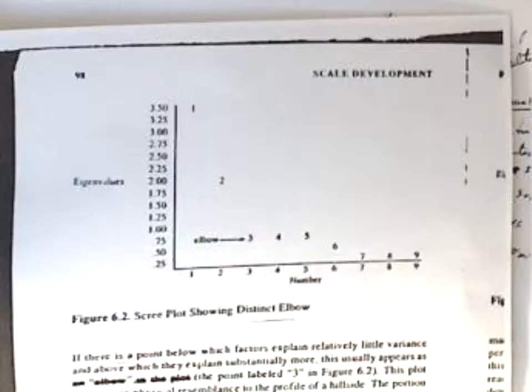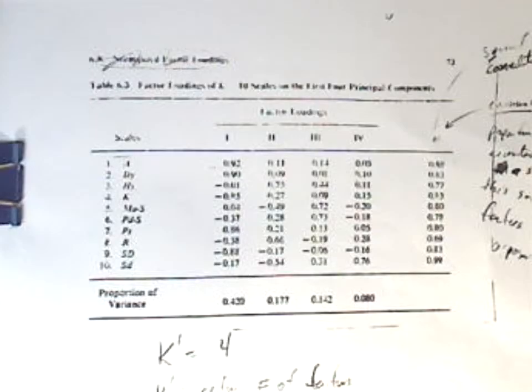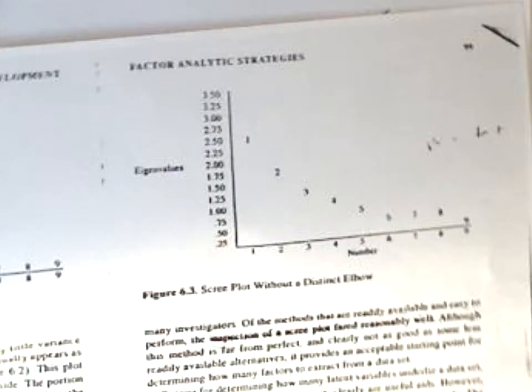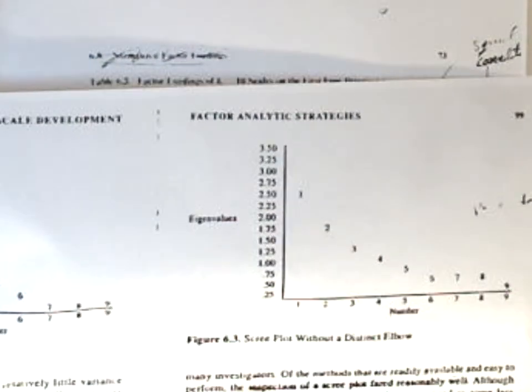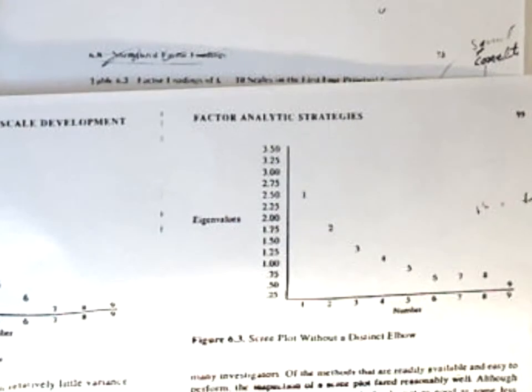Hopefully you'll be able to orient yourself to that. And then a scree plot without a distinct elbow. And then I think with the understanding of how you look for an elbow in the data in the form of the graph shape, and the other distinct kind of elbow. And I'll put that up real quick so you can see the arrow points.